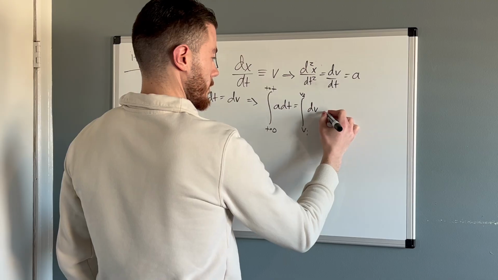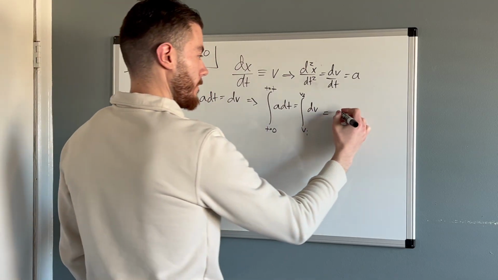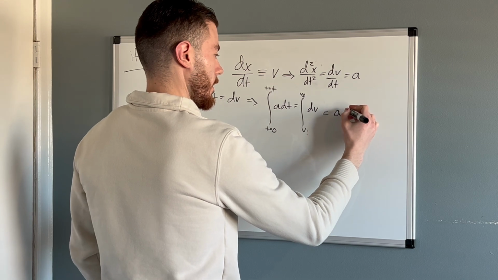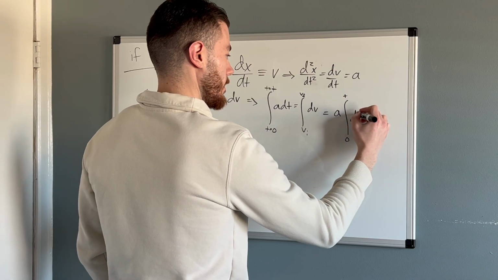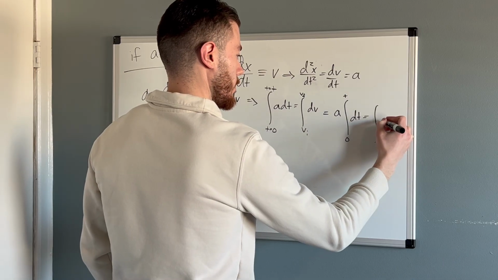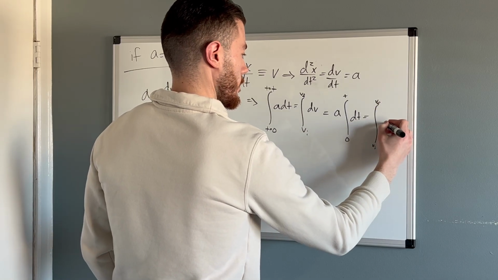And remember, a is constant, can come out of the integral, does not depend on time. a, the integral from 0 to t of dt is equal to the integral from vi to vf of dv.